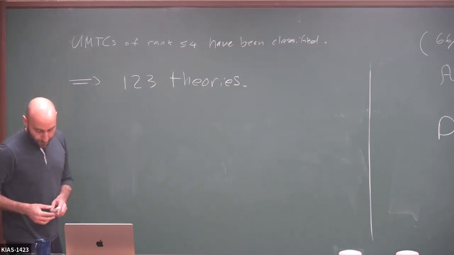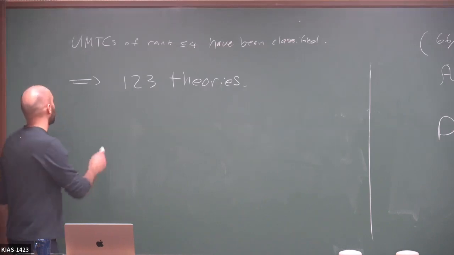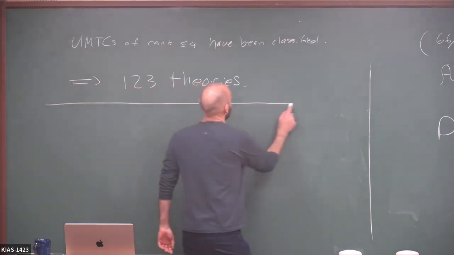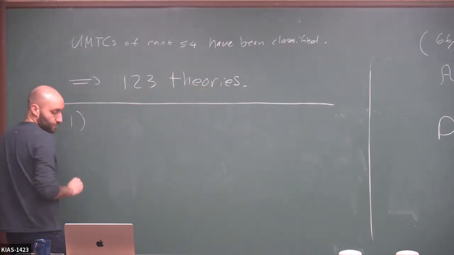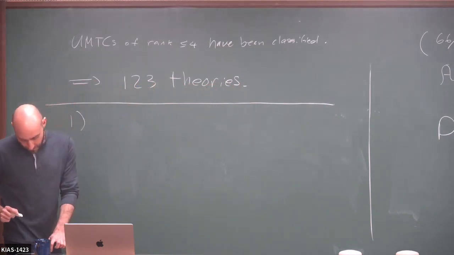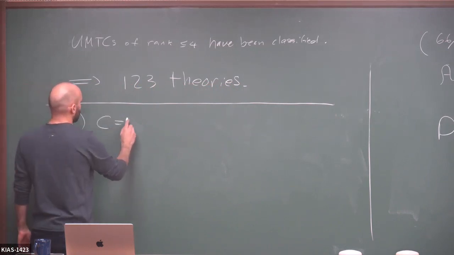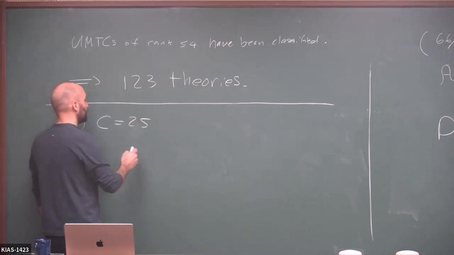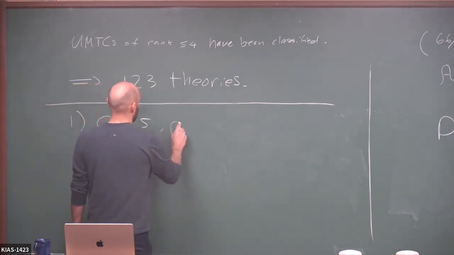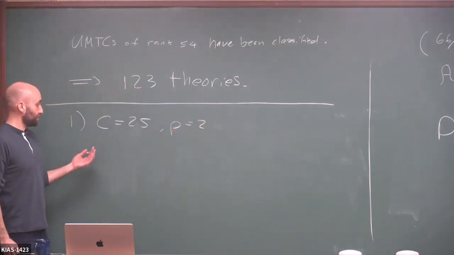Okay, so let me highlight some future directions. The first future direction is the next central charge, which is inaccessible by our methods, c equals 25. It'd be interesting to know how hard this is.